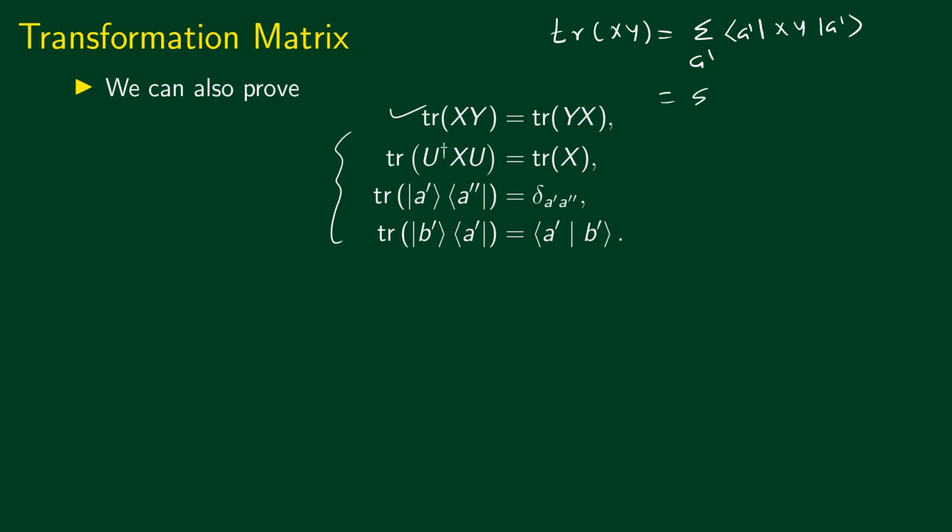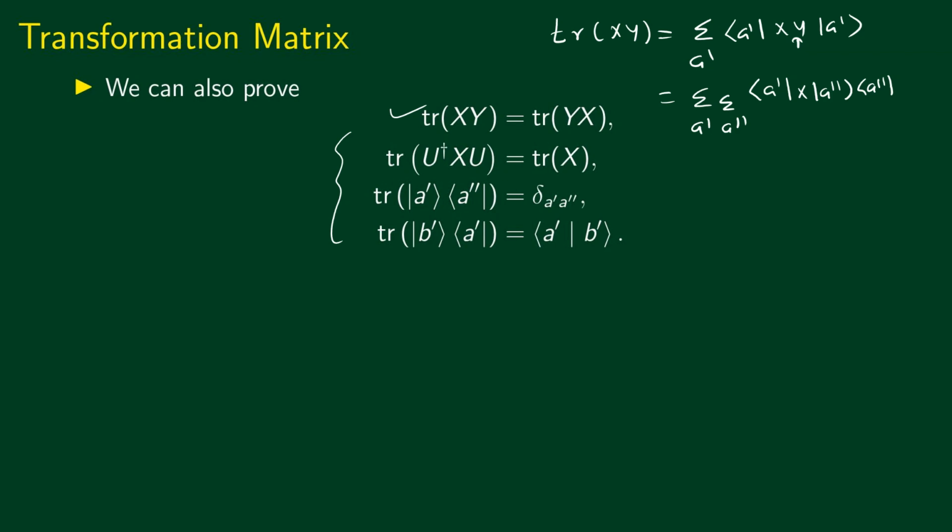Now I can use an identity operator. This is sum over A prime, sum over A double prime, bra A prime X, and I am introducing an identity operator in between here. This becomes ket A double prime, bra A double prime, together with this sum over A double prime. This is the identity operator.